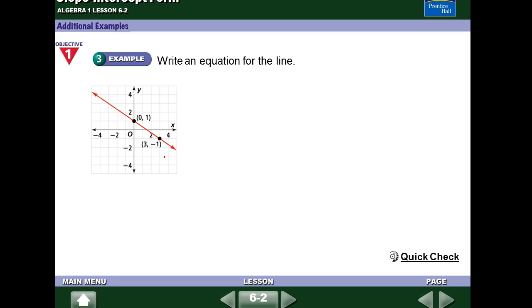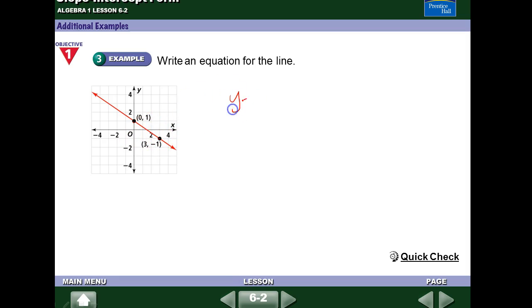Next part, we need to take a graph and be able to write an equation. So I have 2 points. They have already plotted or found 2 points on a graph. So let's find the slope here.